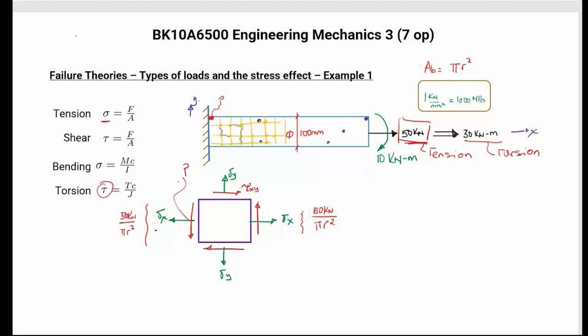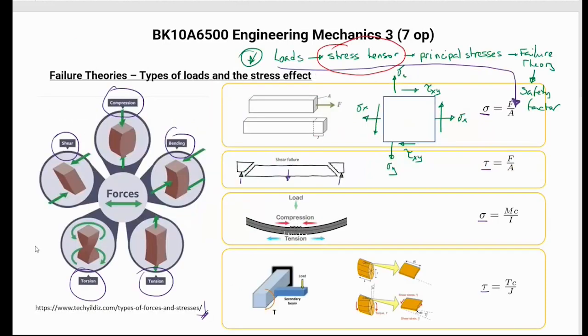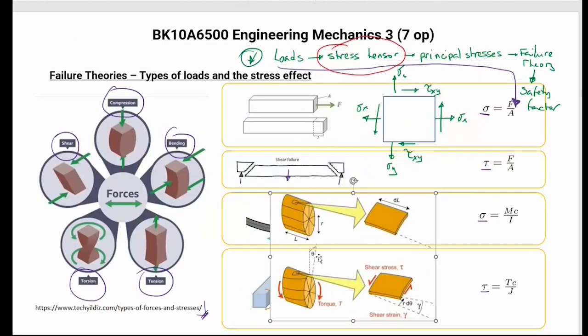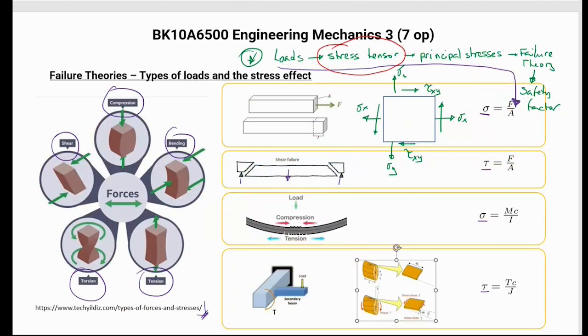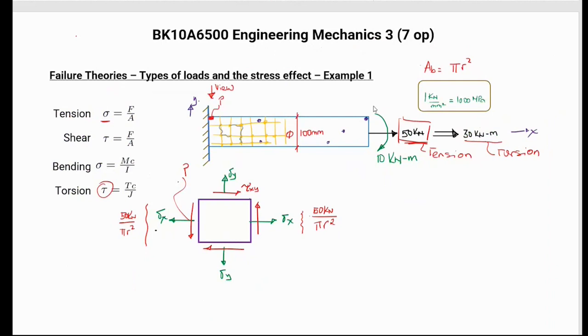Now, as I'm looking at this from the top, it is clear, and according to this figure here, because it's exactly the same, that the shear stress created on the element, thanks to the torque applied to the piece, is going to be in this form. If I take this to this part here, and I'm looking at this from the top, well, this then would be Z, basically, isn't it?